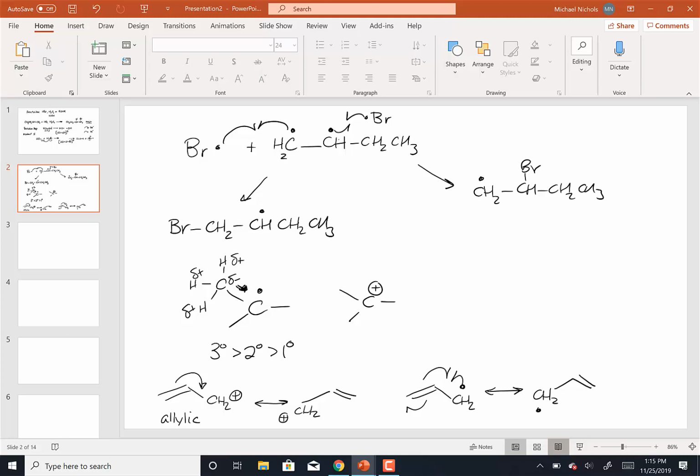And with 2 resonance structures, the molecule is more stable than it would be just as a primary radical.